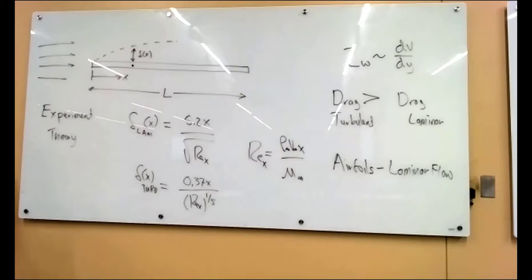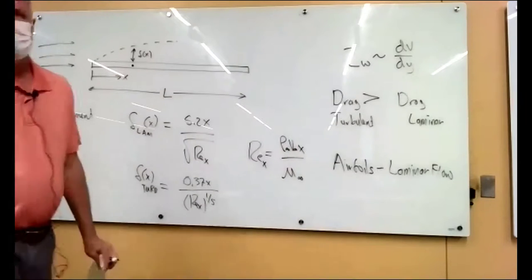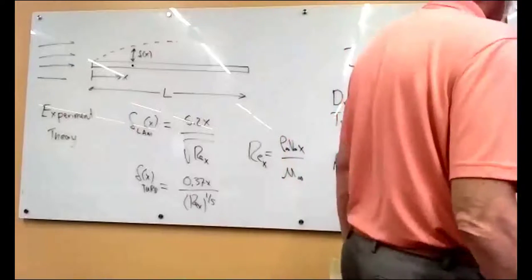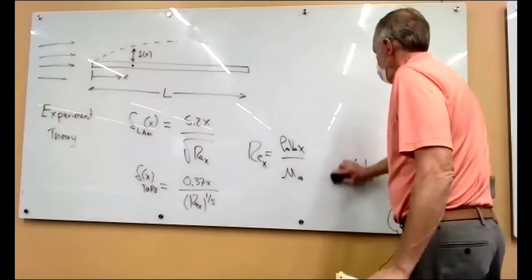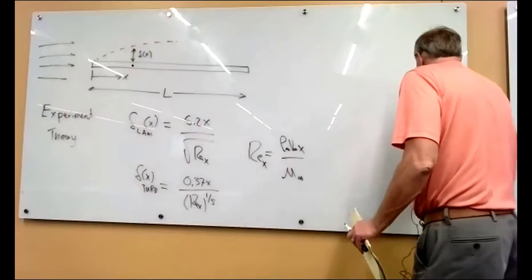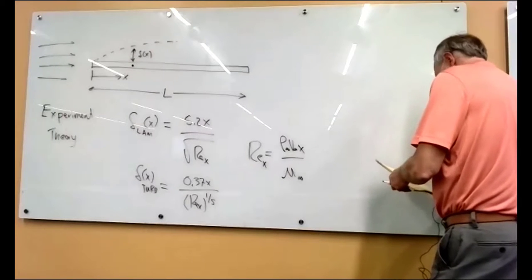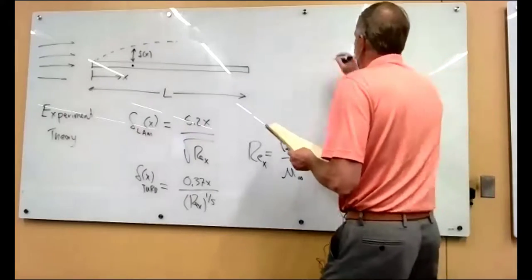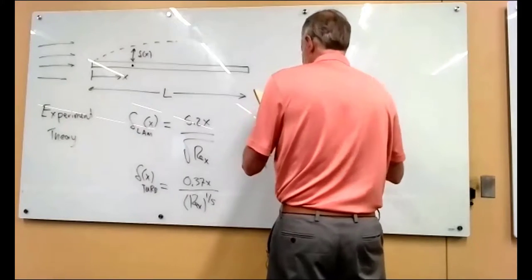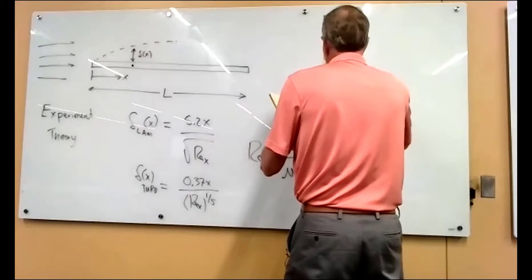How about the friction due to this boundary layer? There's another set of experimental formulas for laminar and turbulent. First we have to define what's this skin friction.